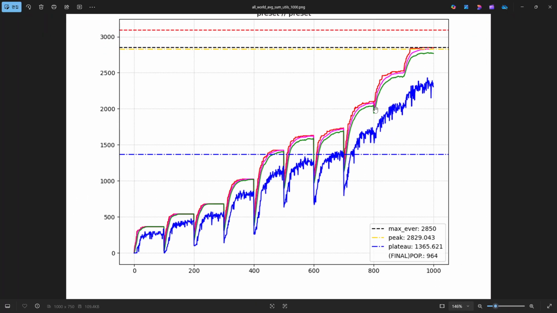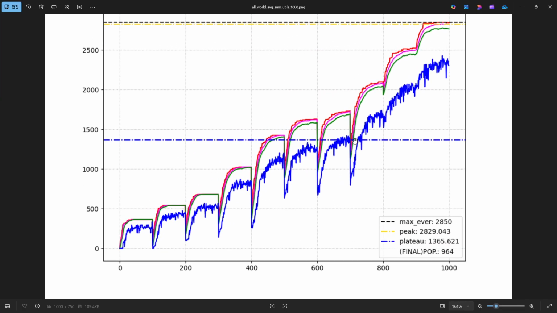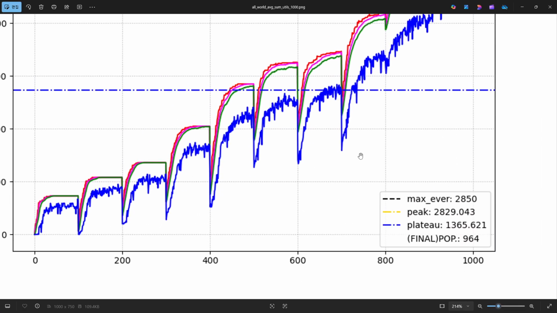This is when the number of genes went from 80 to 90, and the maximum ever in this case was 2850.